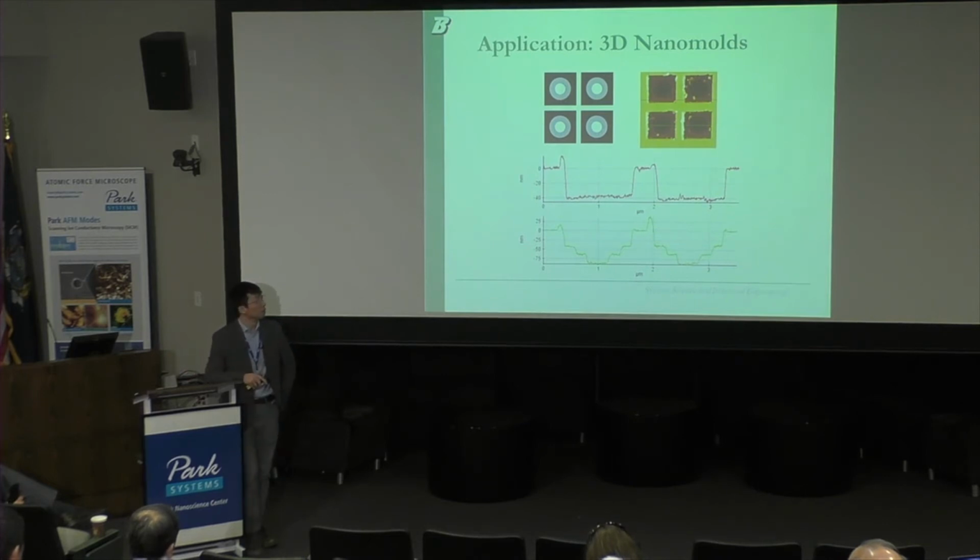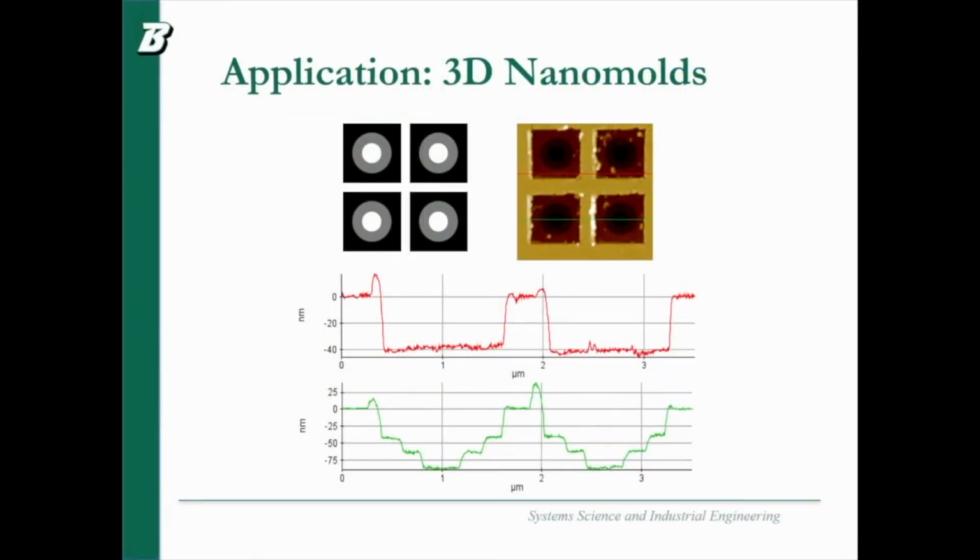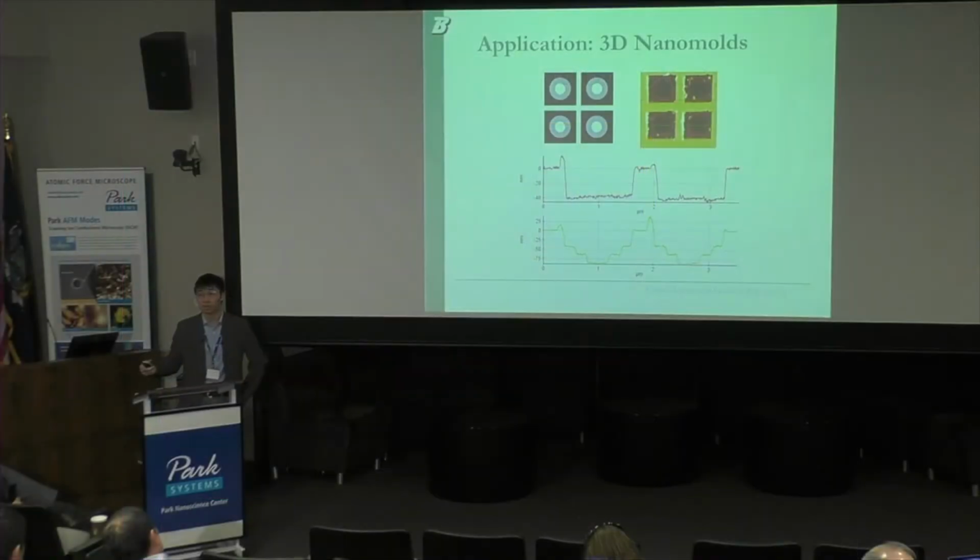So we fabricate, based on the original input, those 3D nanomolds just like stamps. You can see this is the first layer. After the first layer, we have a few circles. The actual depth is about 80 to 90 nanometers, depending on the design depth and the Z vibration.